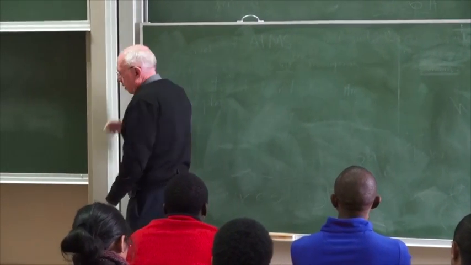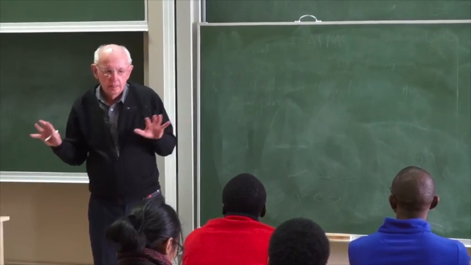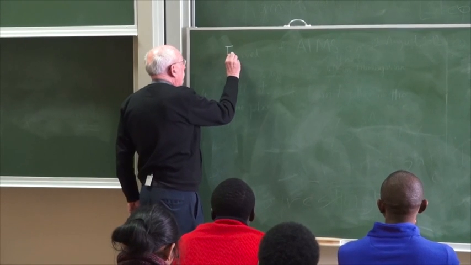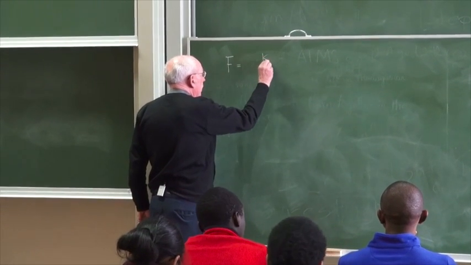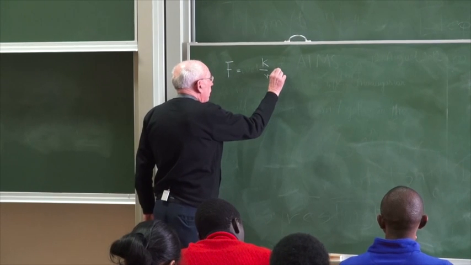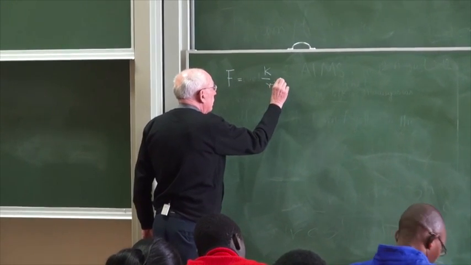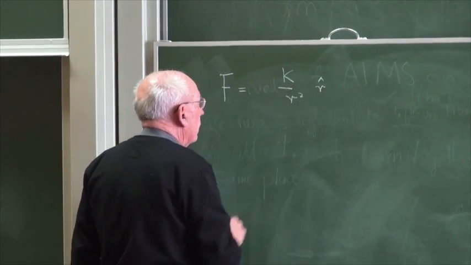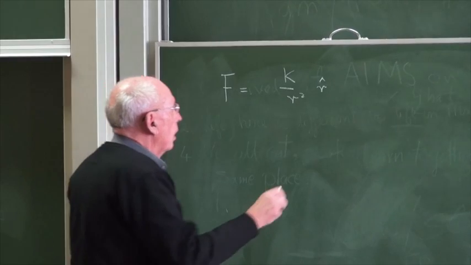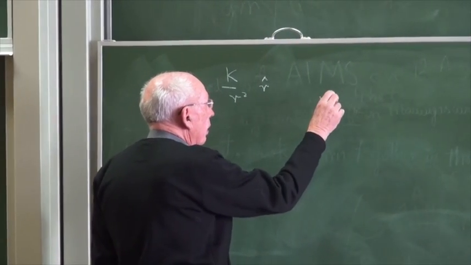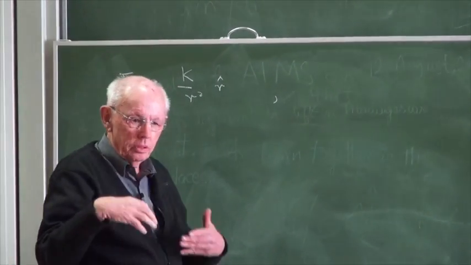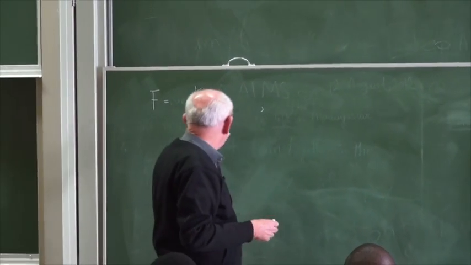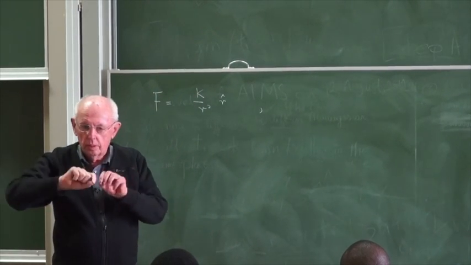We are now in the three-dimensional area where we have a force which we have called K over R squared in the direction of R. But we could also have another force which is also central. This is a central force, it just depends on R.